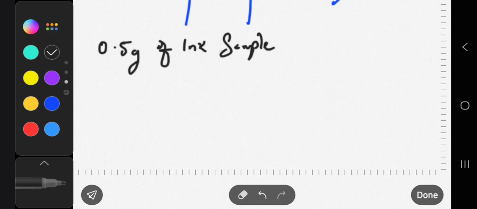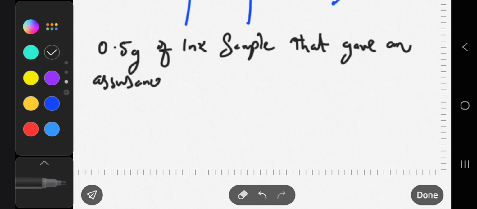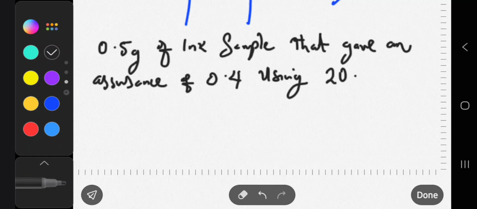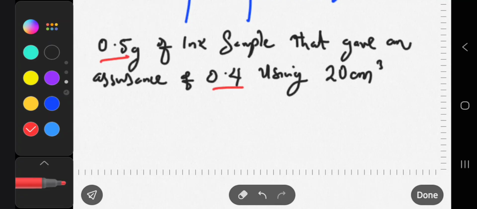So if we have 0.5 gram of an ink sample that yielded an absorbance of 0.4, and let's say the volume taken was 20 cm cubed. This was the volume of the sample that was used, that gave the absorbance of 0.4. This is the mass of the sample, and this is the volume.